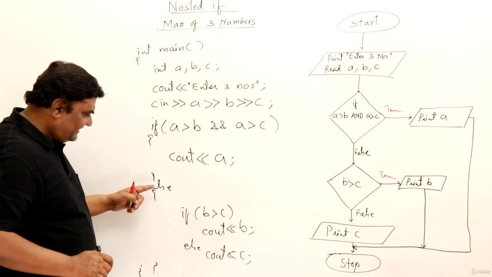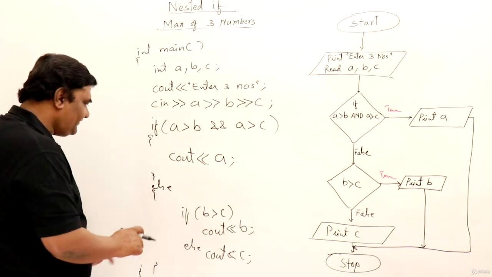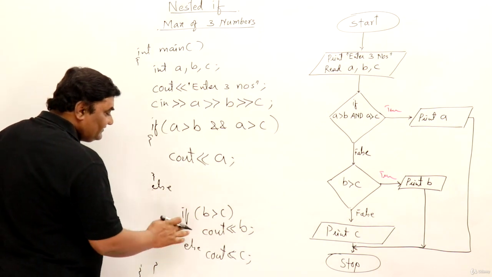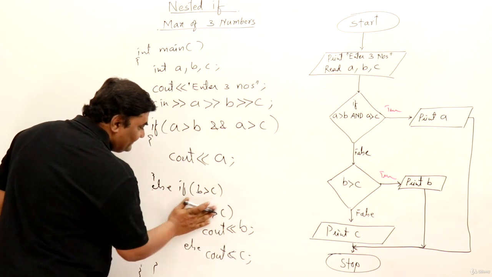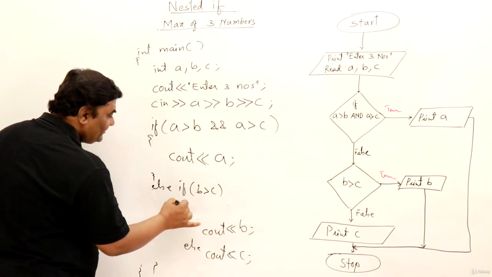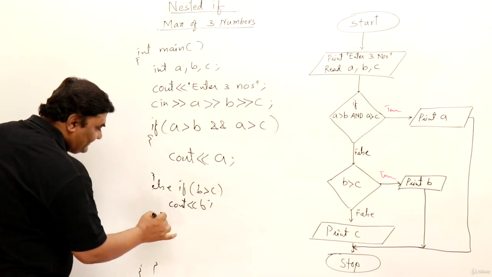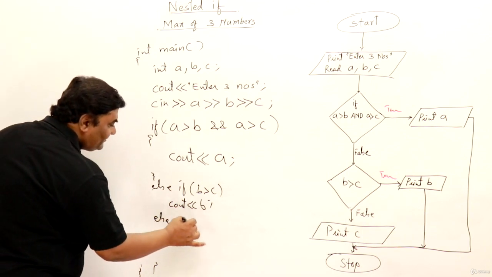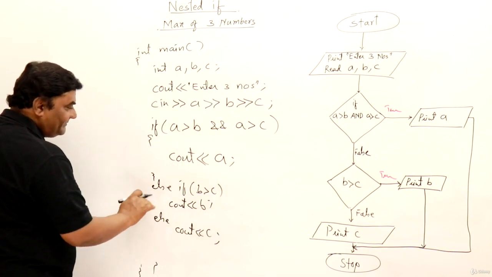Now if just inside else, if is there, just after else, only separated by curly brackets, then we can write this if followed by this one also. B is greater than C, then here I can say cout B, right? And finally here I can write else and say cout C. So this will be a nested if statement only.